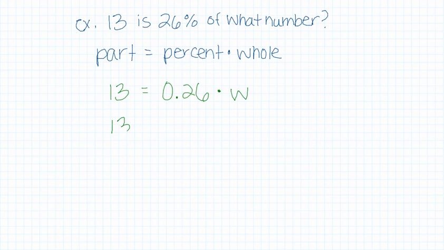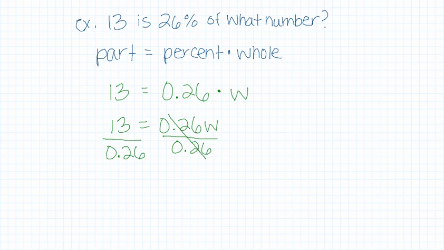Our part is 13, and that equals the percent written as a fraction or a decimal, 0.26, multiplied by the whole, which we need to give a variable to. Let's just give it W. This looks a lot like the equations in the previous unit. So we have 13 equals 0.26 W. In order to solve for W, remember, we need to use the opposite operation.